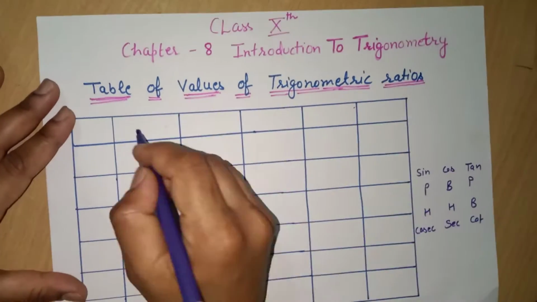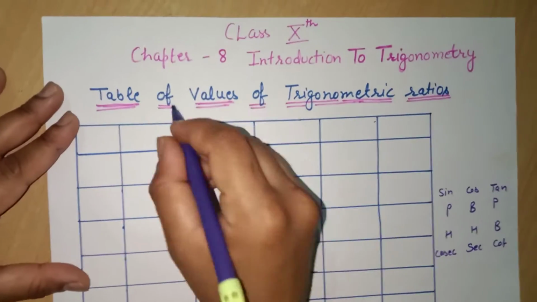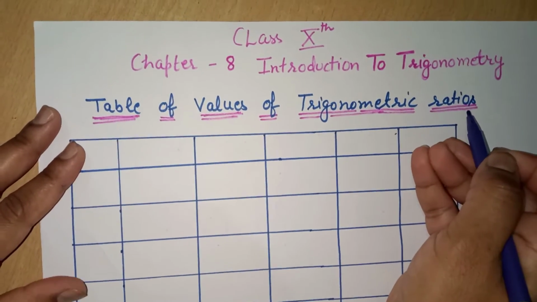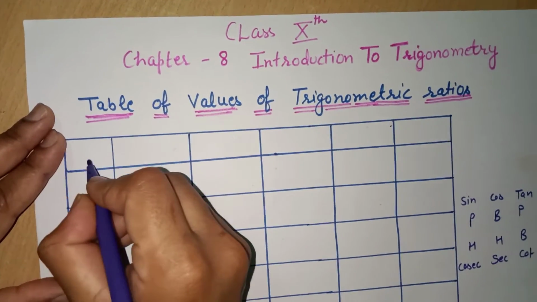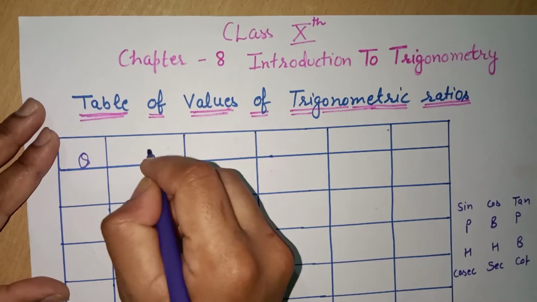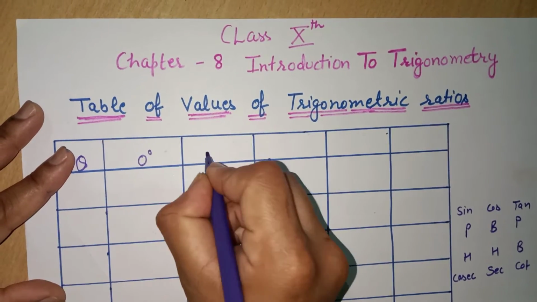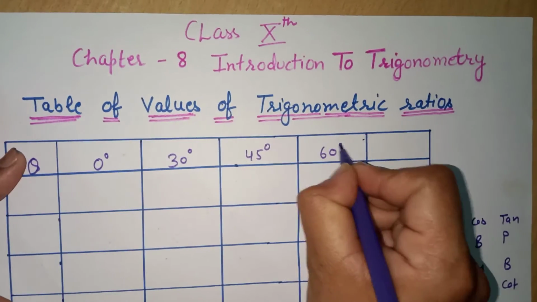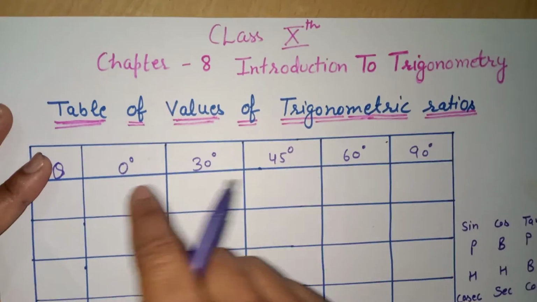Students, in 10th class the values of trigonometric ratios are asked for theta like 0 degree, 30 degree, 45 degree, 60 degree and 90 degree only.